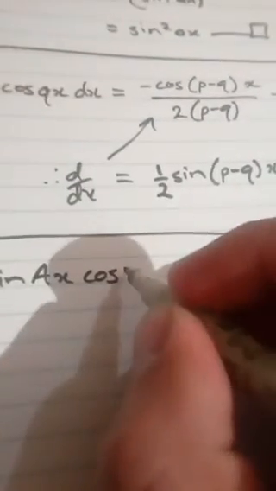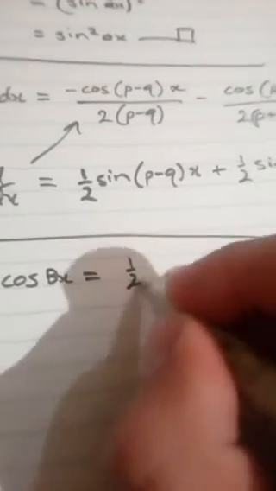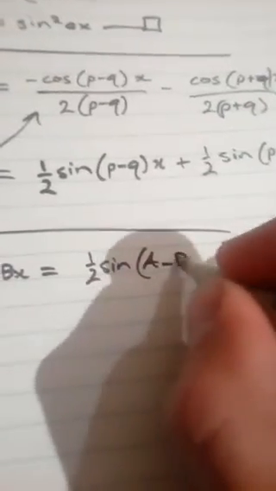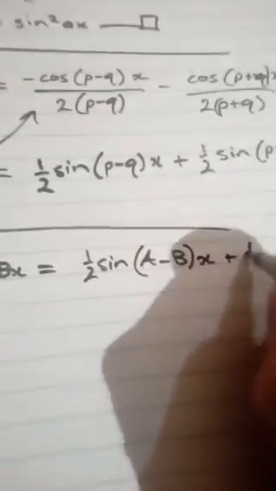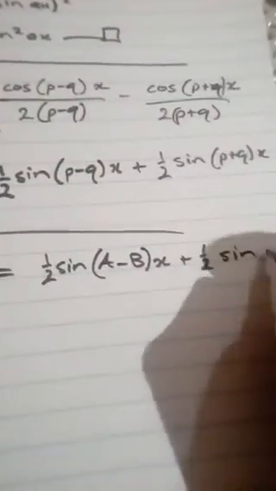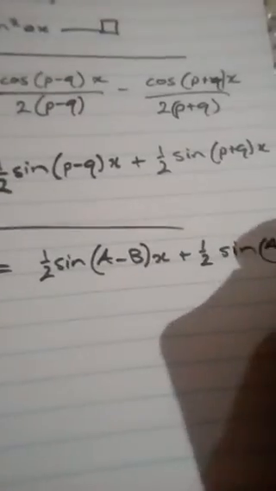And if anyone remembers the trigonometric function, you know the rule? Here is the rule. The rule is that sine ax cos bx equals half sine (a minus b)x plus half sine (a plus b)x.